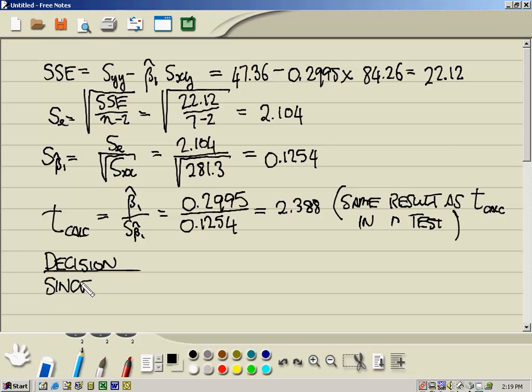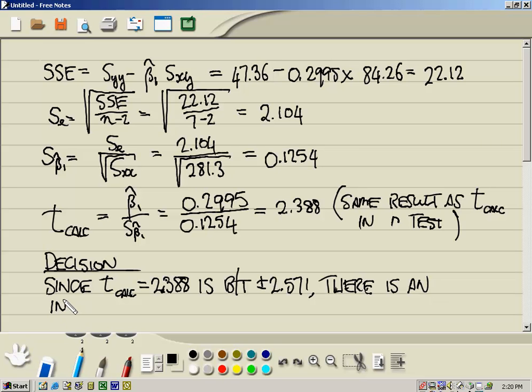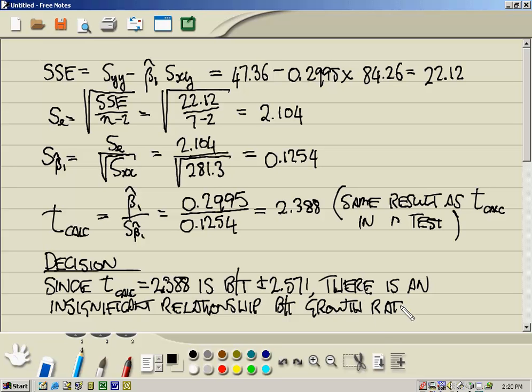So, since t-calc is 2.388, and since that is between our critical values of plus or minus 2.571, there is an insignificant relationship between our two variables, the growth rate of those particular companies and the return on equity.